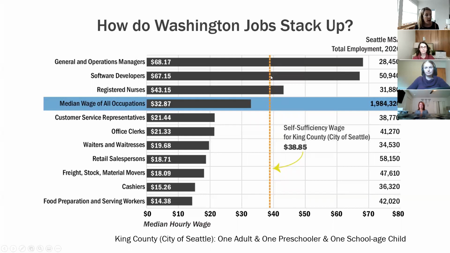You're seeing that 3 occupations do meet the needs of this family: registered nurses, software developers, and general and operations managers. But on the other side, almost 50% of these top 10 occupations are making wages that are less than 50% of what they need to get by.